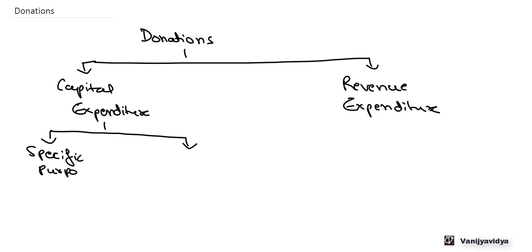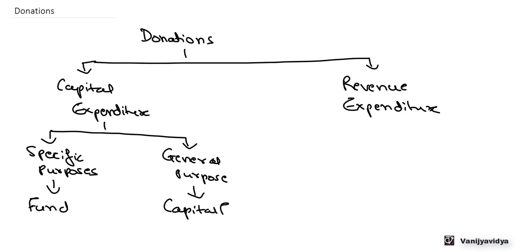If the donations are received for specific purposes, then they will be accounted in that proper fund, that is on the liability side of the balance sheet. If they are for general purpose but capital in nature, then it will be accounted in the capital fund or accumulated fund.